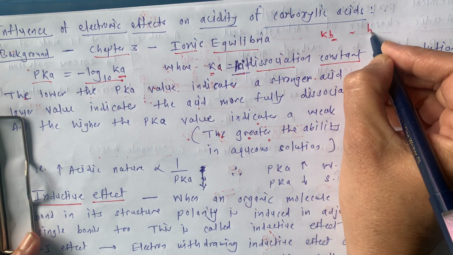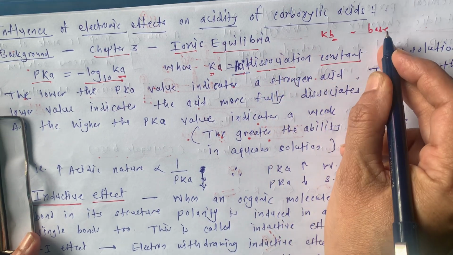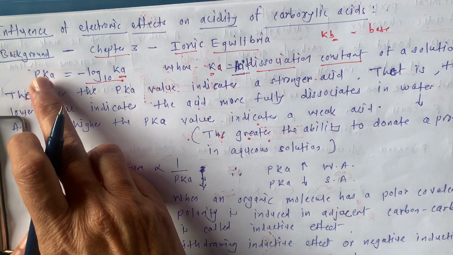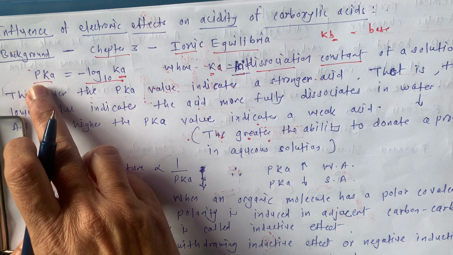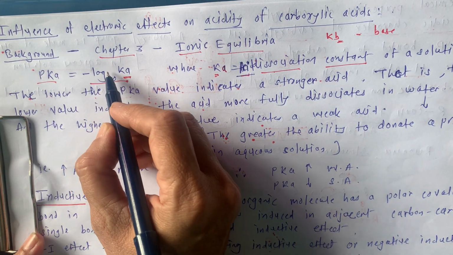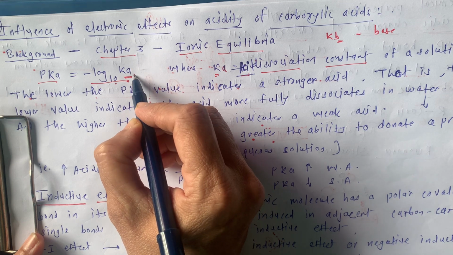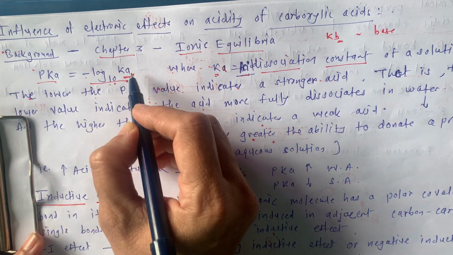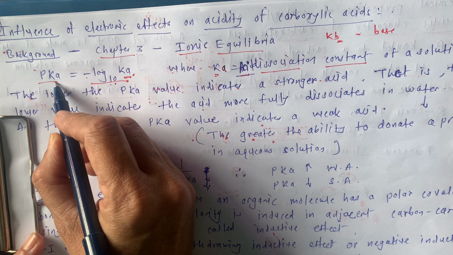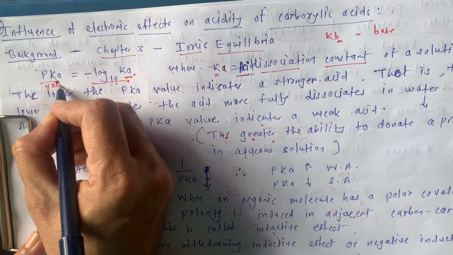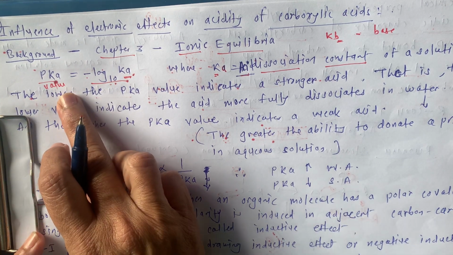B stands for base. So what is the formula? The acidic character is known by the pKa, and the formula is minus log to the base 10 of Ka. Remember, minus log to the base 10 Ka is nothing but the pKa value of that acid.